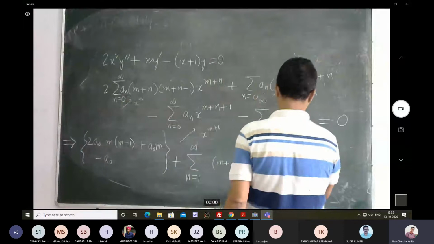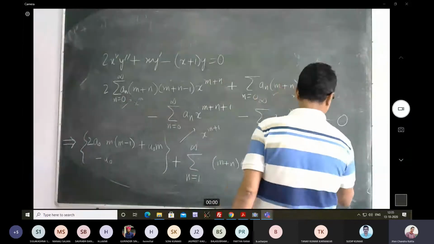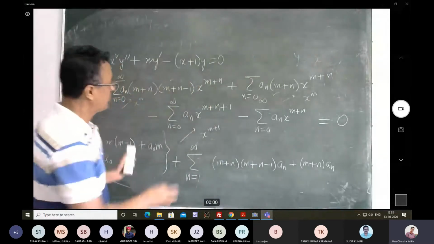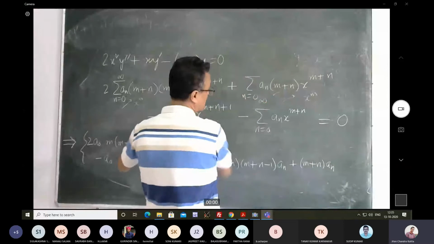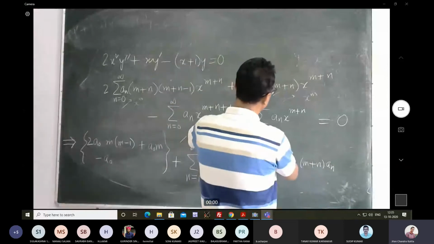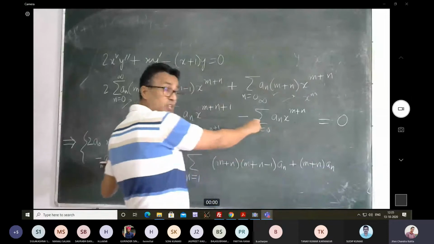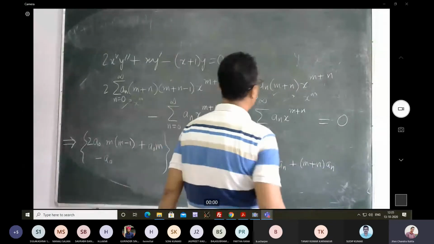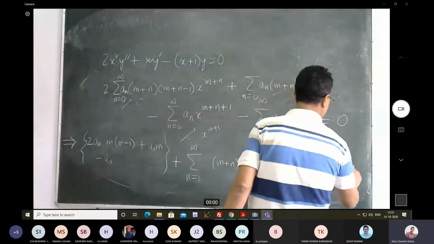So I am going to have m plus n an. Maybe I'll write this one down and then come back to this. This also, because I have already absorbed the term corresponding to n equal to 0, starts from n equal to 1. And then I am simply going to have minus an.